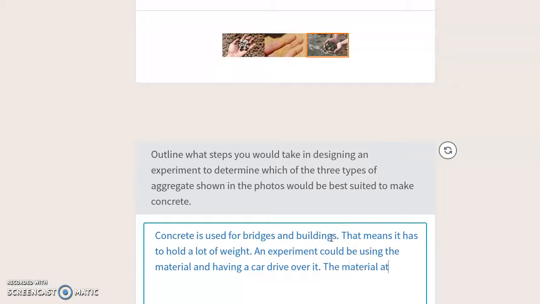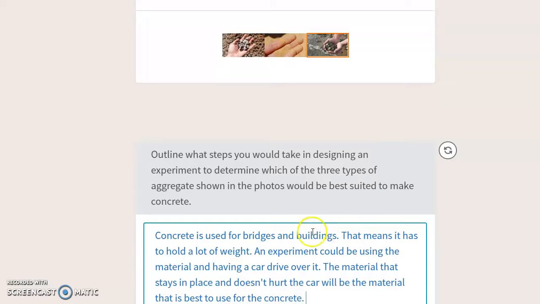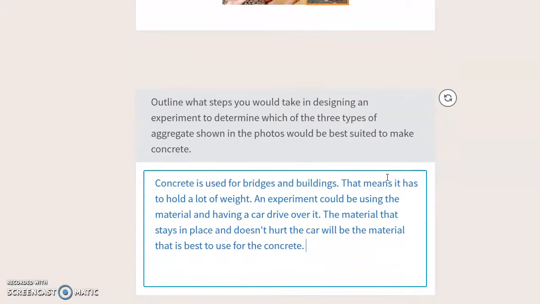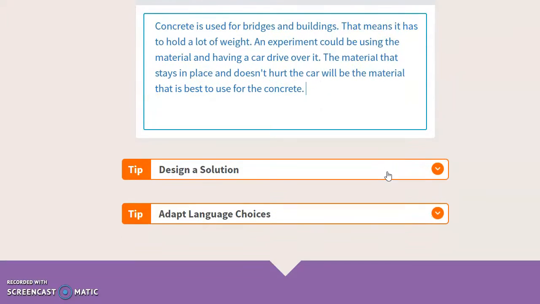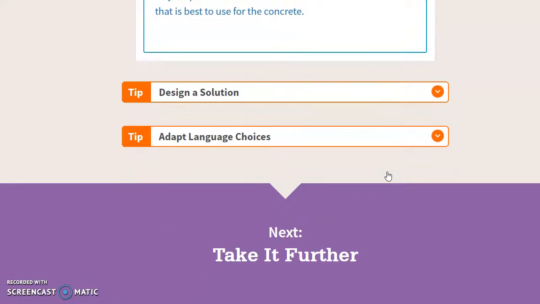The material that stays in place and doesn't hurt the car will be the material that is best to use for the concrete. Right? I could do that experiment. You get a bunch of sand, person drives over it. Is their car messed up? Does the sand move and shake and kind of make the car sink, or what exactly happens, right?